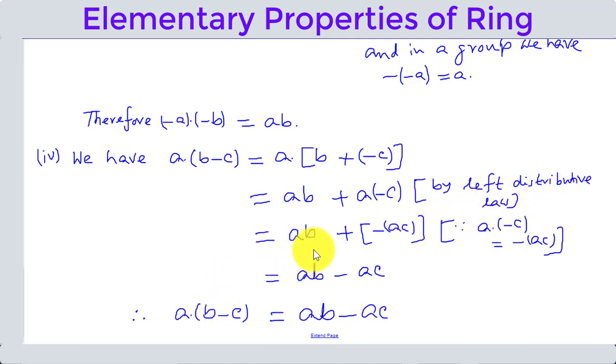This is equal to ab + (-(ac)), since a·(-c) = -(ac). This is equal to ab - ac. Therefore, a·(b - c) = ab - ac. This proves the fourth part.